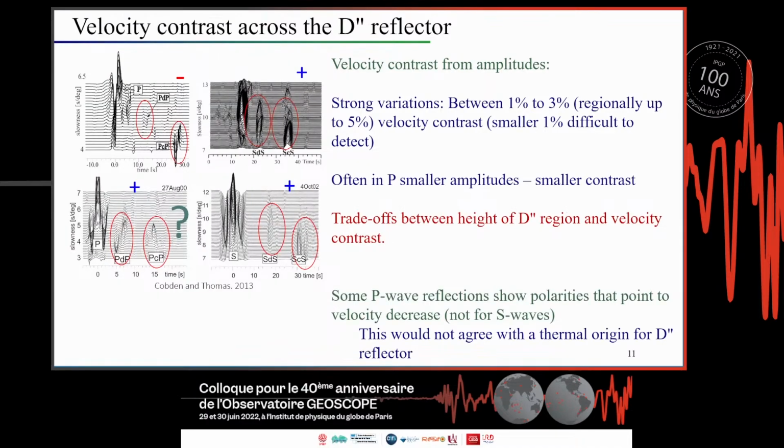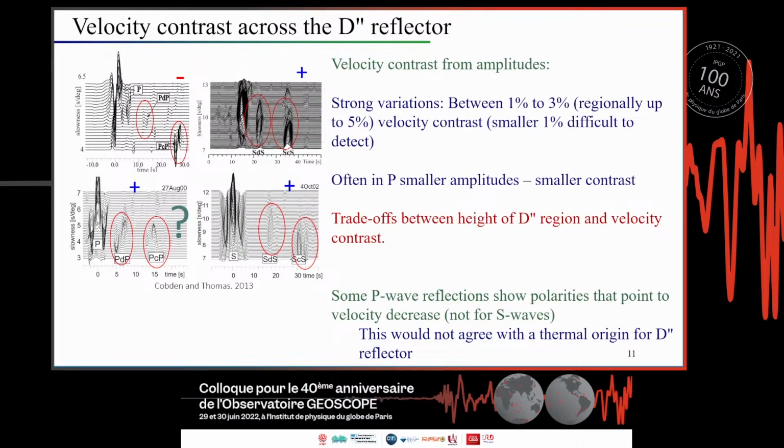But one other interesting thing is that sometimes the polarity of the D-double-prime reflection seems to vary. If you look at the bottom left figure, the PdP goes down and up, and PcP also goes down and up. So you have the same polarity of these two waves, and that would indicate a velocity increase for the PdP.